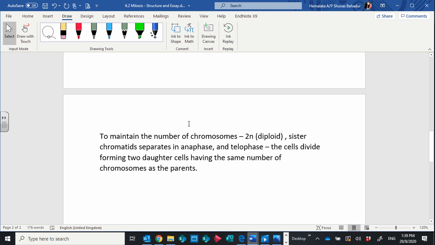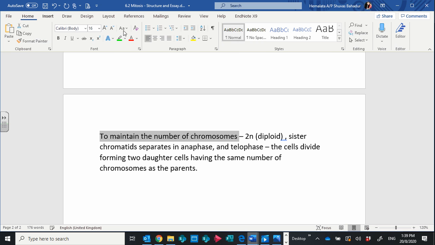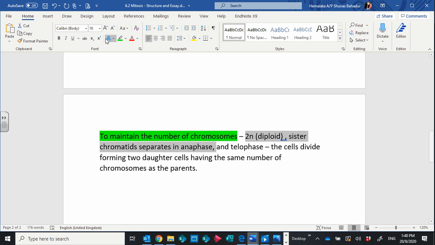So here I have one main focus and two explanations. The first is diploid and sister chromatids separate in anaphase, followed by the other one, telophase. So 3 marks over here.